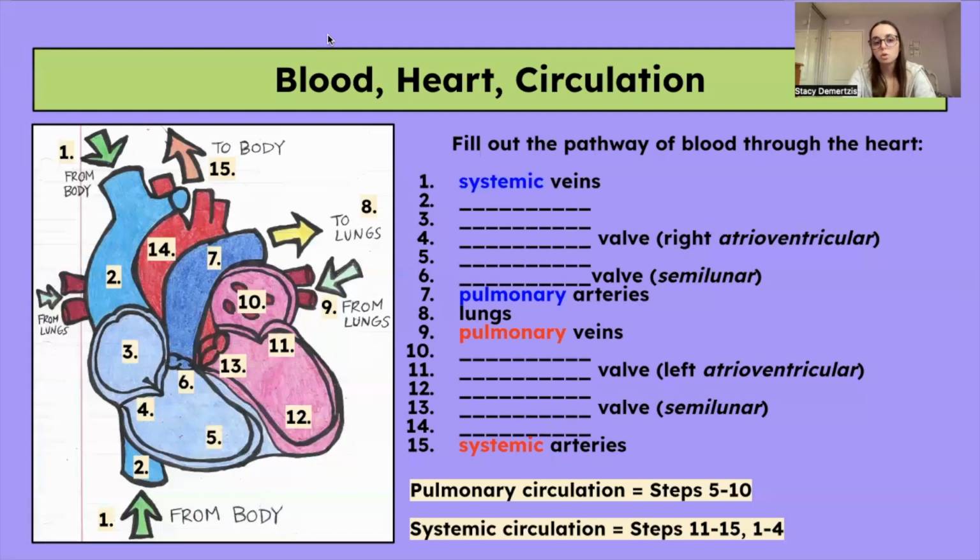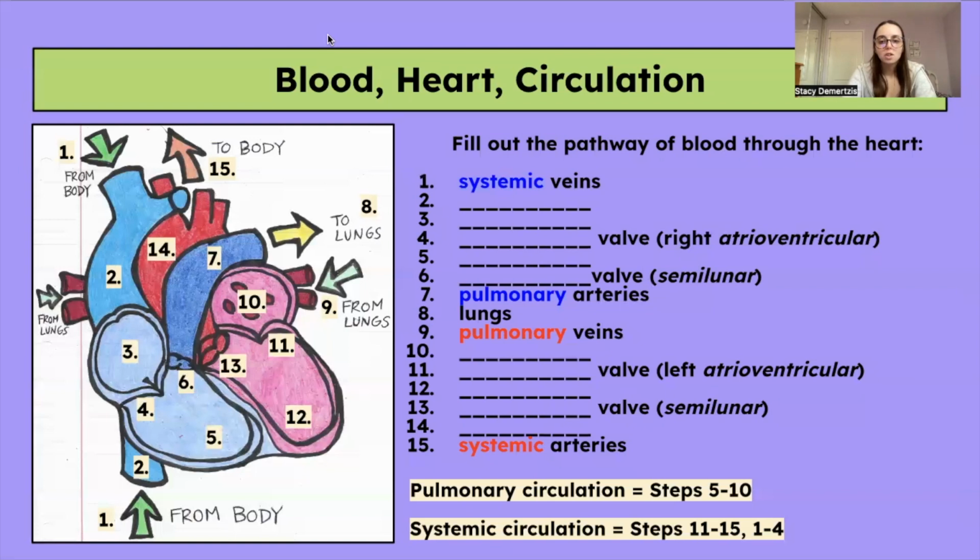Deoxygenated blood wants to go to the heart, then to the lungs, then back to the heart, then to the body, so that the oxygen can be delivered to our organ systems, our organs, our cells, and our tissues. But after that oxygen is dropped off, it's got to start the process all over again.